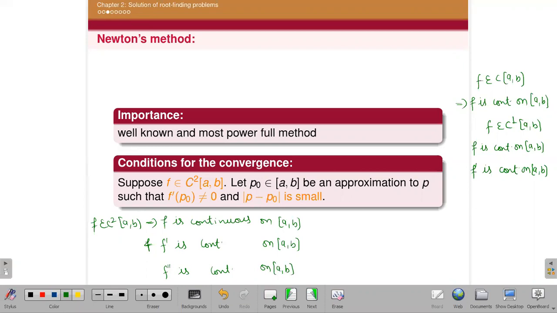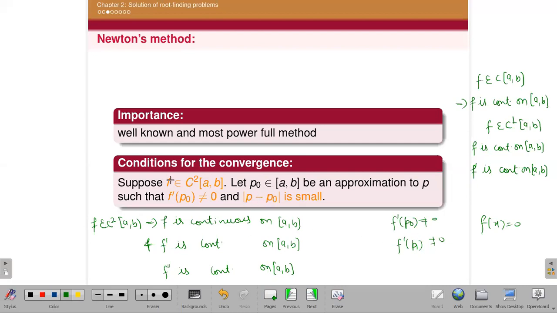Means for which we are finding the root of this equation, it should be continuous, its first and second derivatives are also continuous. And let p naught belongs to [a,b], they have taken initial guess from any interval, be an approximation to p such that f dash of p should not be 0. So here also it is the condition that derivative at p naught or p1 also, means it is not the case that at p naught only, f dash at p naught, f dash at p1, all should not be 0. f dash at p2, f dash at p3, all should not be 0.